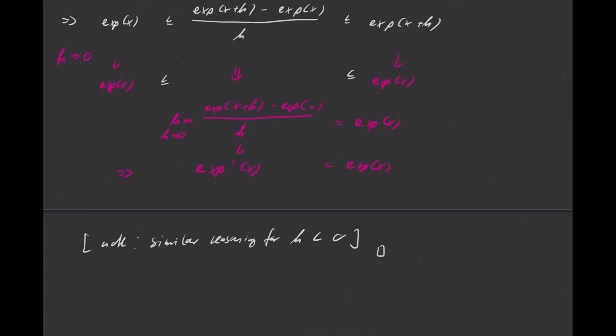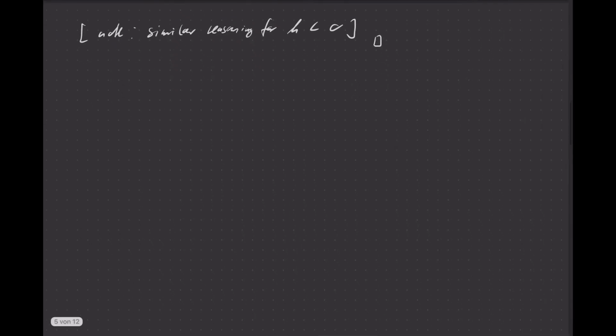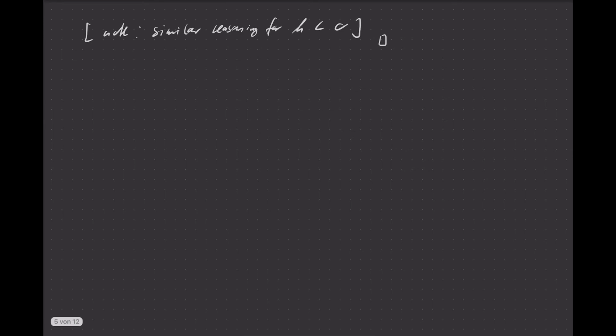Now, of course, we'd also like to discuss the logarithm, which is the inverse of the exponential function. And we also know a theorem that tells us something about the derivative of the inverse. So hopefully that should be easy if we just apply that theorem. And indeed, let's write down the result.